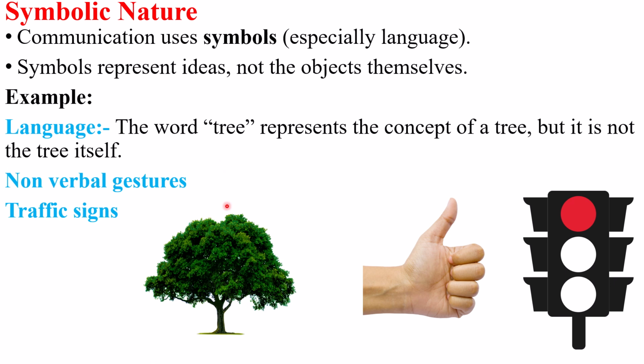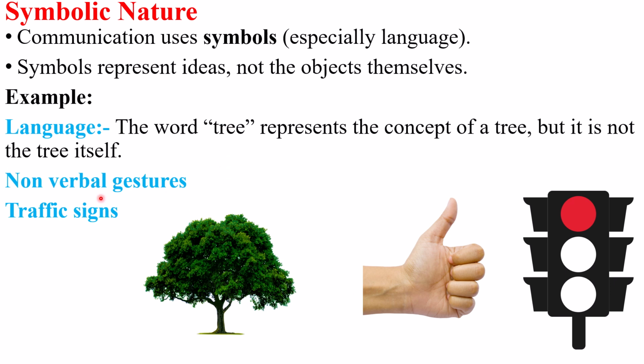For example, in Hindi, we call it vruksh, and in Telugu, we call it chettu, to refer to the same thing. So we can say that words themselves are symbols. They represent the concept.